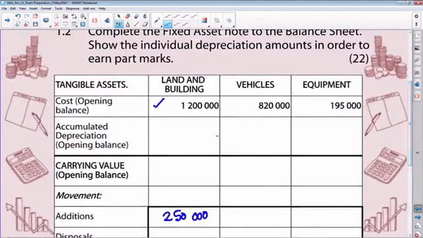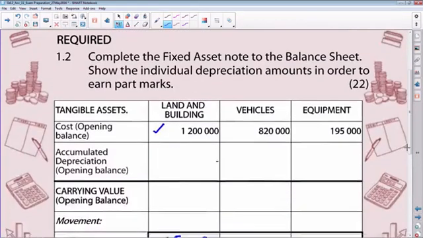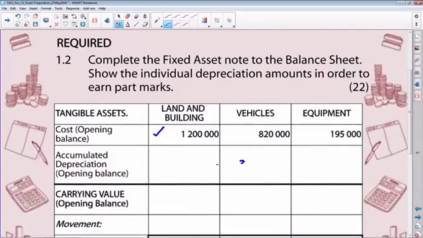With the vehicles, I have an accumulated depreciation at the beginning of the year of 344,000. Watch what I do. I slot it in. My accumulated depreciation is 344,000. Okay? And it is a negative asset. Therefore, I subtract it from the value of my assets.